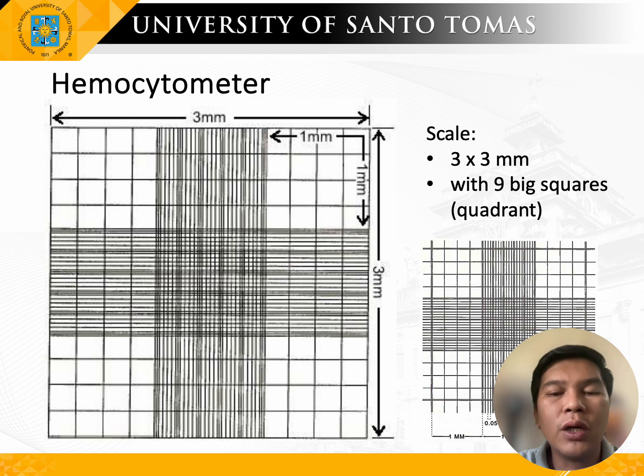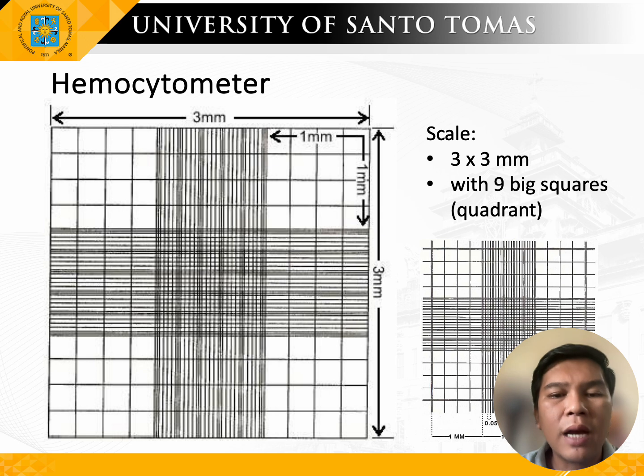This is all in all 3 by 3 millimeter, because each big square or quadrant is equal to 1 millimeter by 1 millimeter. So all in all, that's 3 by 3 millimeter, or 9 big squares or quadrants.